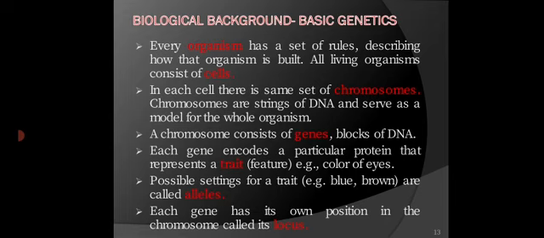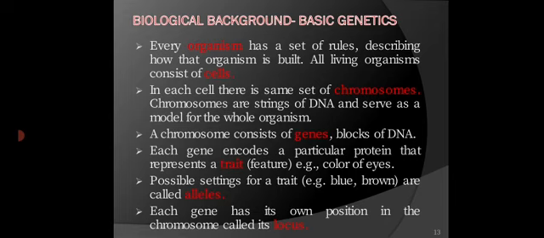In terms of biology, every organism has a set of rules describing how that organism is built. All organisms consist of cells. In each cell there is a set of chromosomes. Chromosomes are strings of DNA and serve as a model for the whole organism.